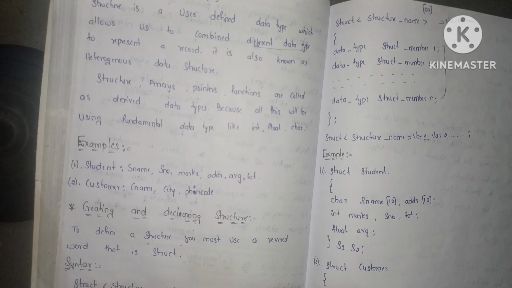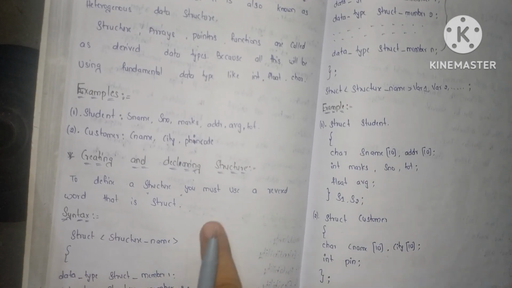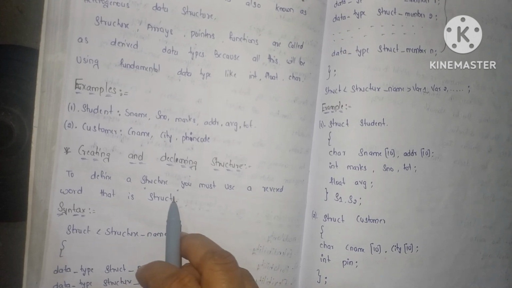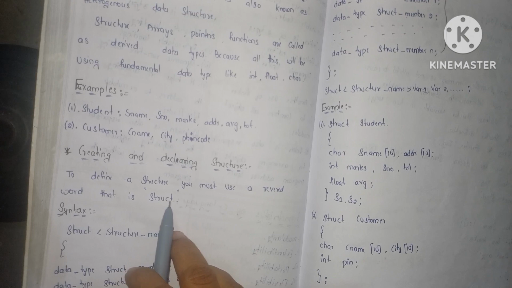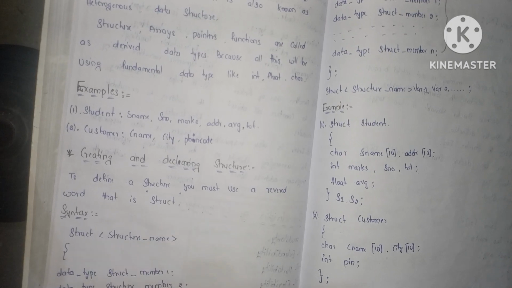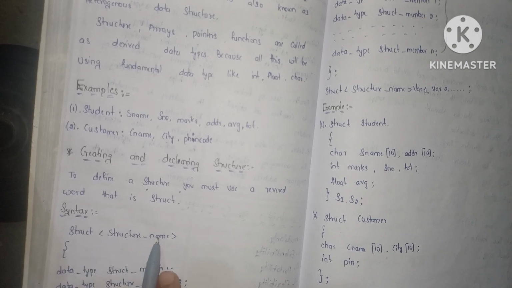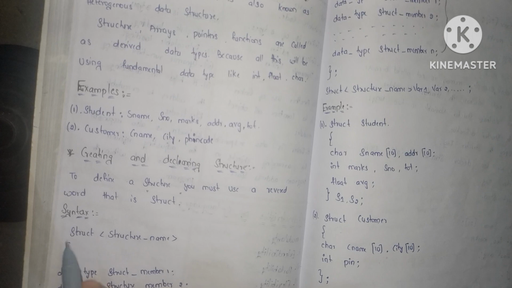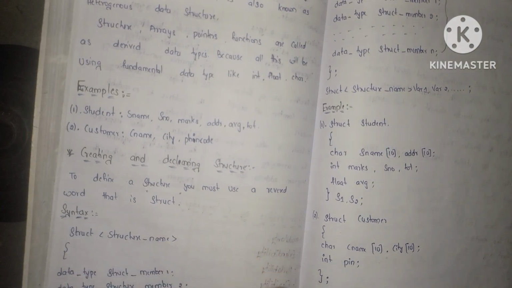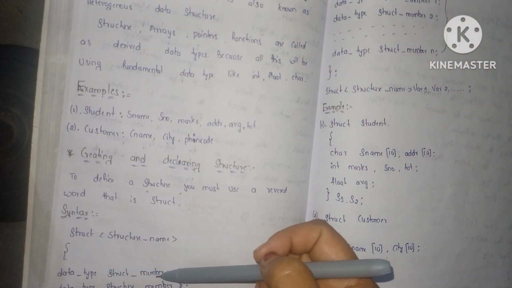Now I will explain how to create and declare structures. For creating a structure, we need one keyword, that is struct. Struct is the keyword used for declaring a structure. So, the syntax of a structure: struct, then the structure name, any name, then a curly bracket start, then data type and structure member 1, data type and structure member 2, data type and structure member 3.